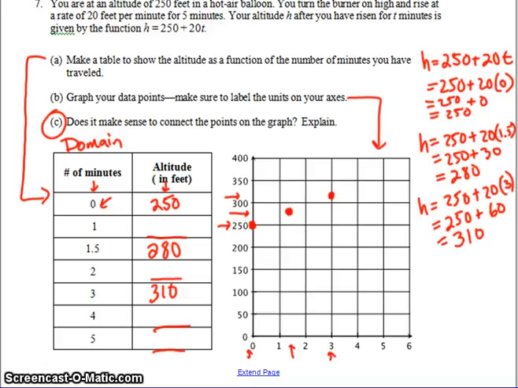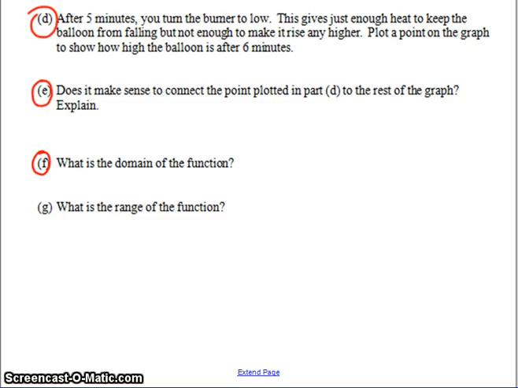The range would be the altitude. There are different ways to represent it. We're going to do that later in another video. But make sure you finish what you're responsible for and turn it in when you're done.